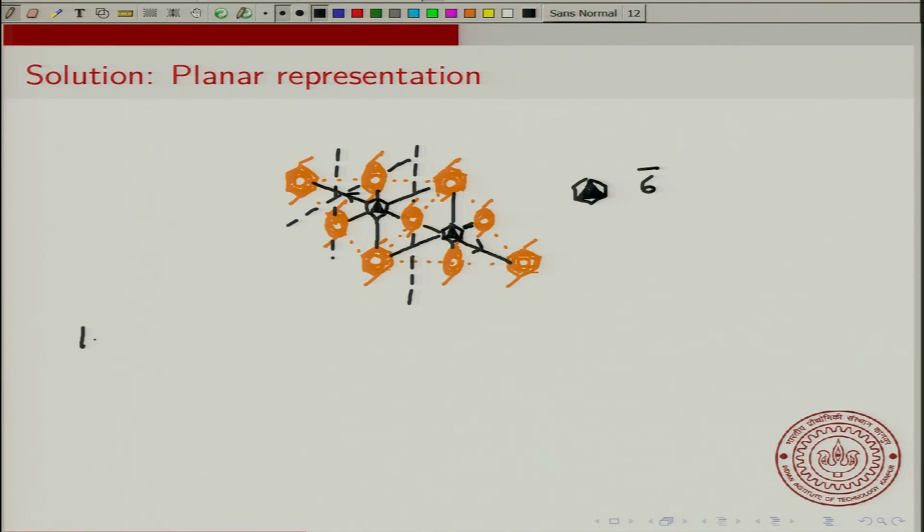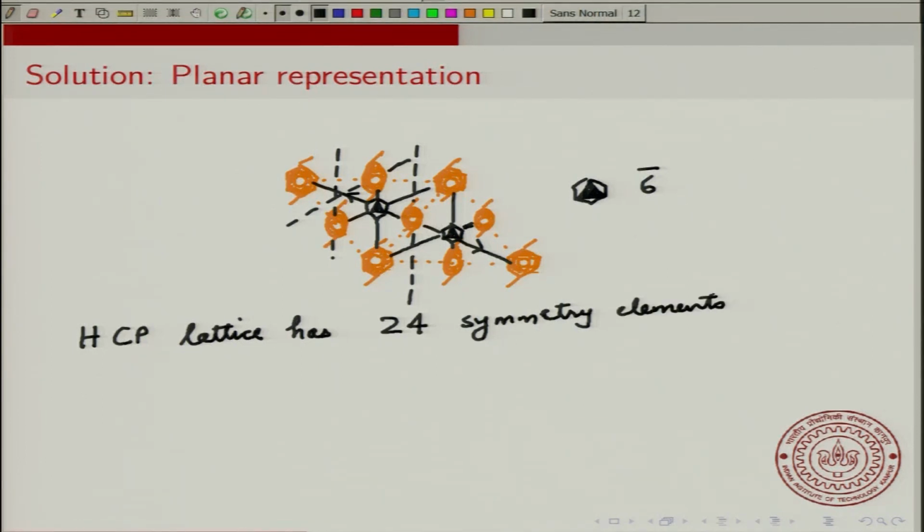So the HCP lattice has a total of 24 symmetry elements. Now the asymmetric unit of this corresponds to just one atom.